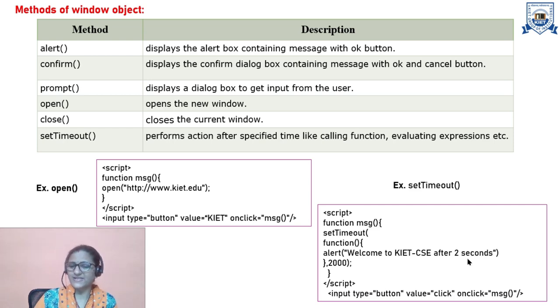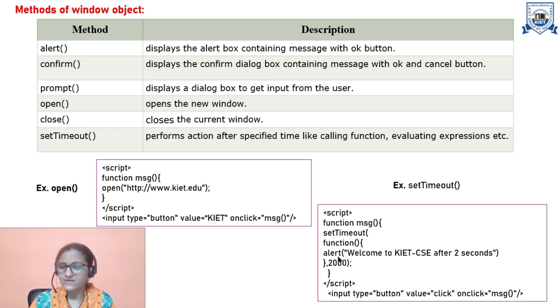In setTimeout, this function internally calls the alert window with the message, and the time is 2 seconds.